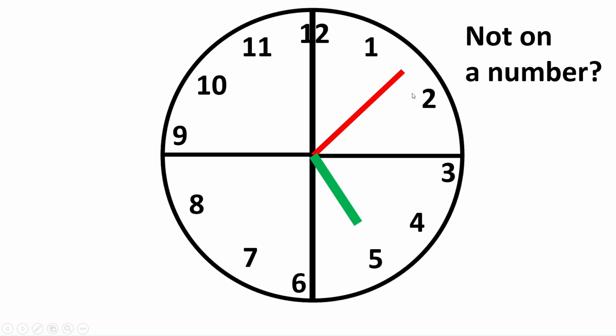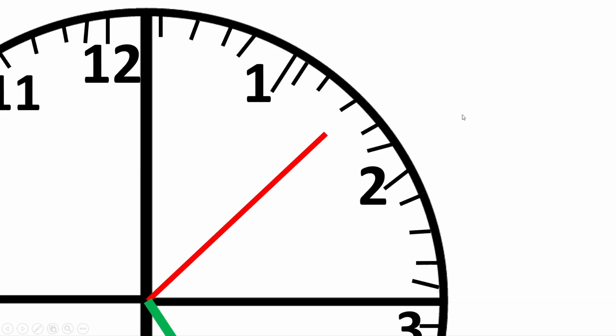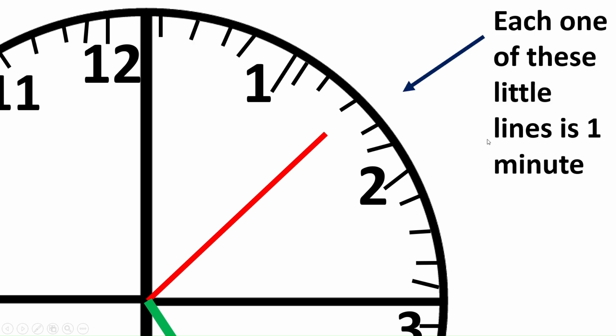Well, to find that out, we need to zoom in on the clock. We can see that on the clocks, they have little lines. Each of these little lines represents 1 minute. So we can see that the minute hand is in the past half, which we were talking about. So we're going to see how many minutes there are past the first hour.